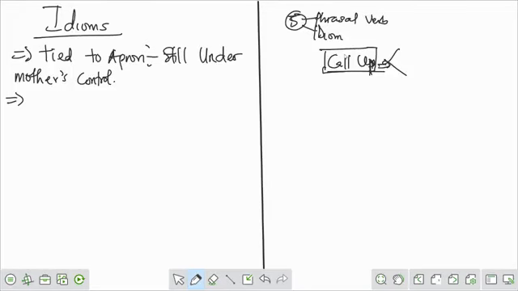Phrasal verbs, we just want to kind of use them. Now let's continue with our idioms.